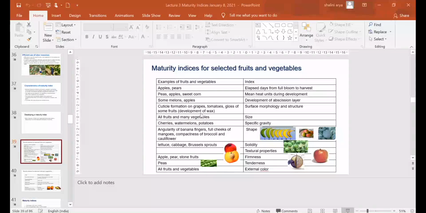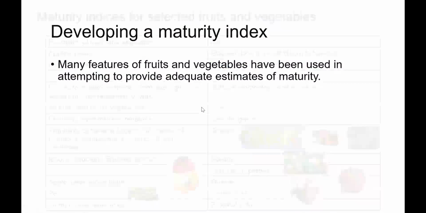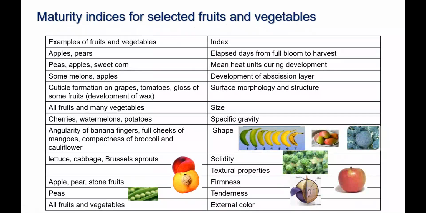So let us continue. This table gives you an idea about various maturity indices for selected fruits and vegetables, and as I mentioned before, for each fruit and vegetable the maturity indices are different. These are some examples of fruits and vegetables, and these are the indices.